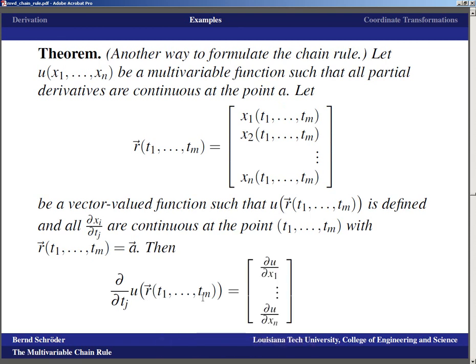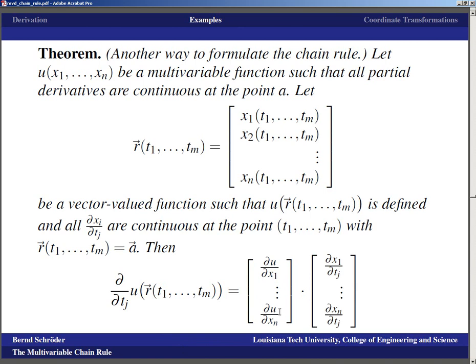And then the partial derivative of u with respect to tj at that point is the vector that we obtain, let's write out the whole thing. It's the dot product of the vector we obtain if we take all the partials of u with respect to x1, x2, all the way through xn. And that vector will ultimately have practical relevance, so we definitely want to keep this in mind.